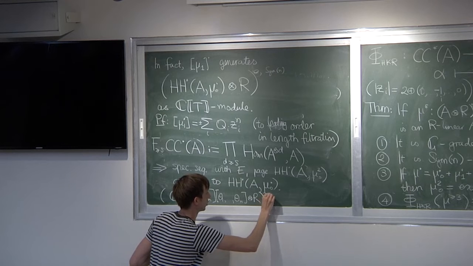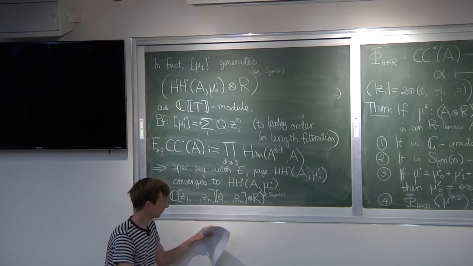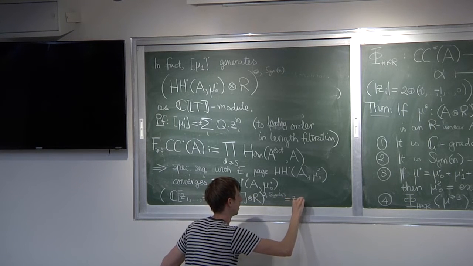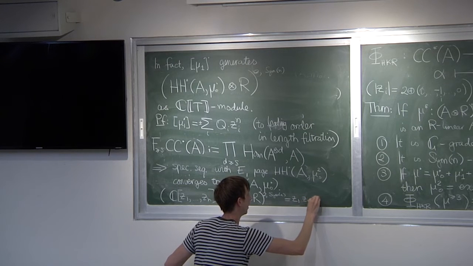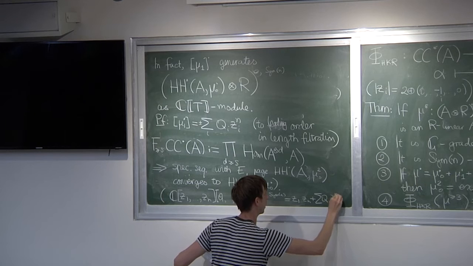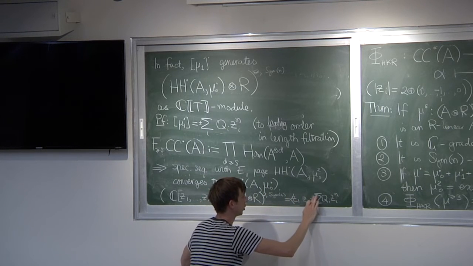So the degree 2 Sym n equivariant part of this guy is spanned by these two classes.